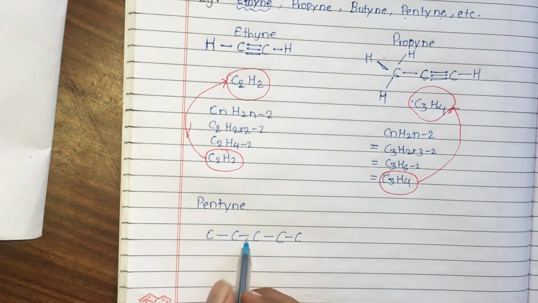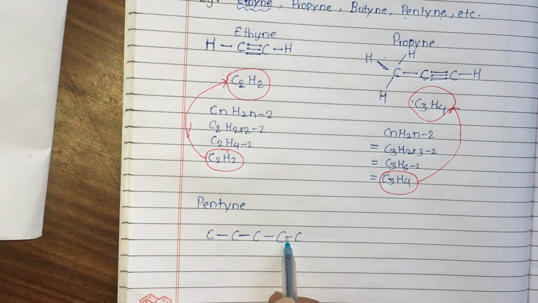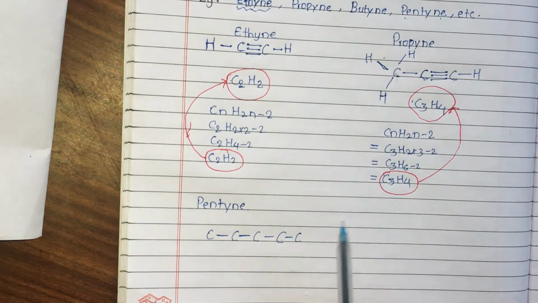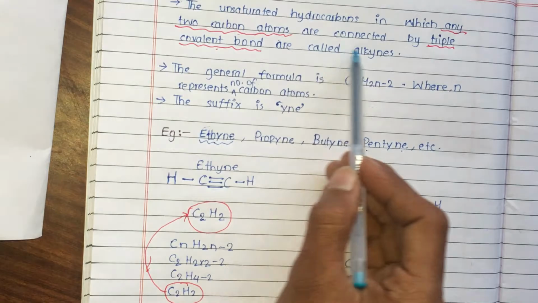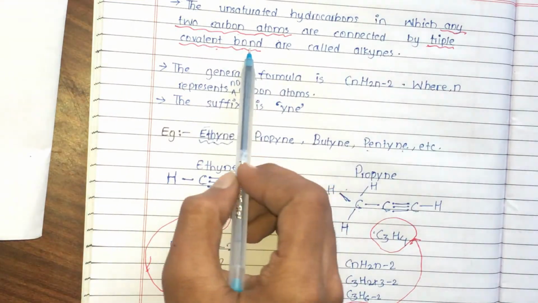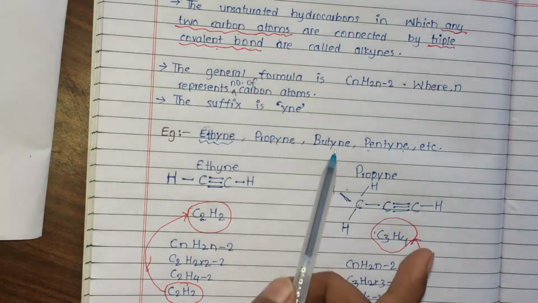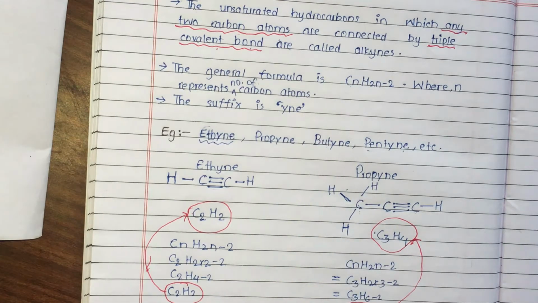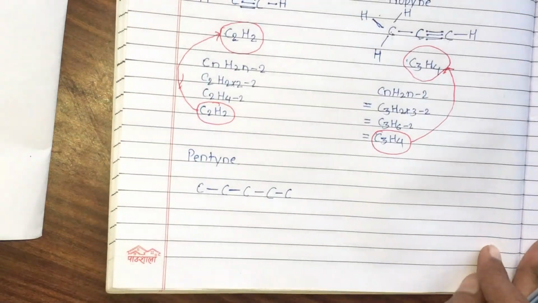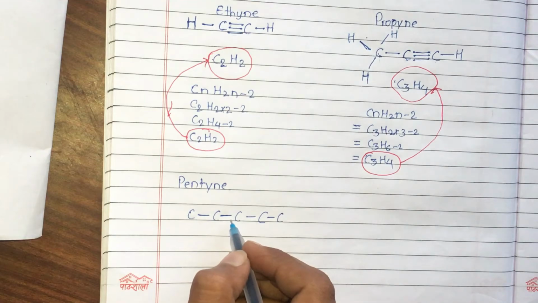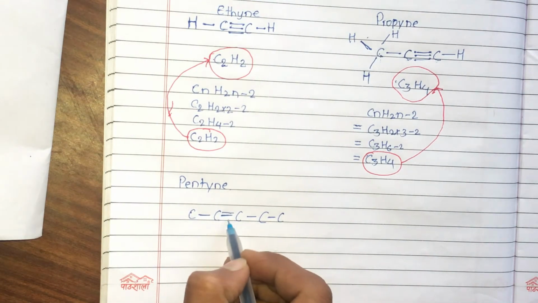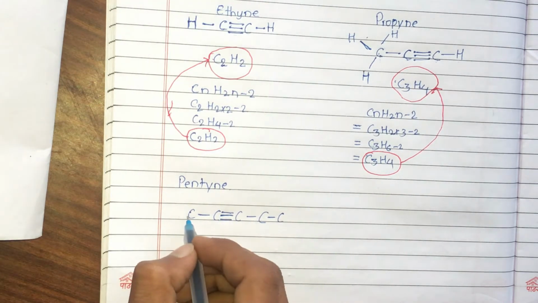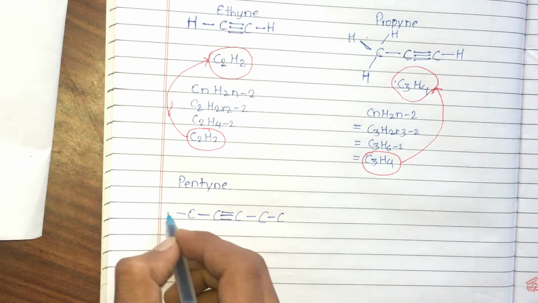But remember, here we have connected carbon atoms by single covalent bonds, but in our definition, any 2 carbon atoms must be connected by a triple covalent bond. So we connect any 2 carbon atoms by a triple covalent bond. Here we connect these 2 carbon atoms by a triple covalent bond. Okay, and the remaining will be hydrogen.